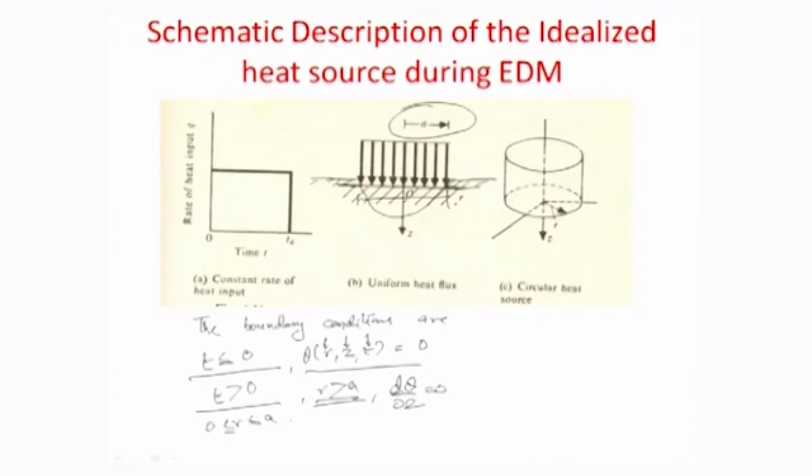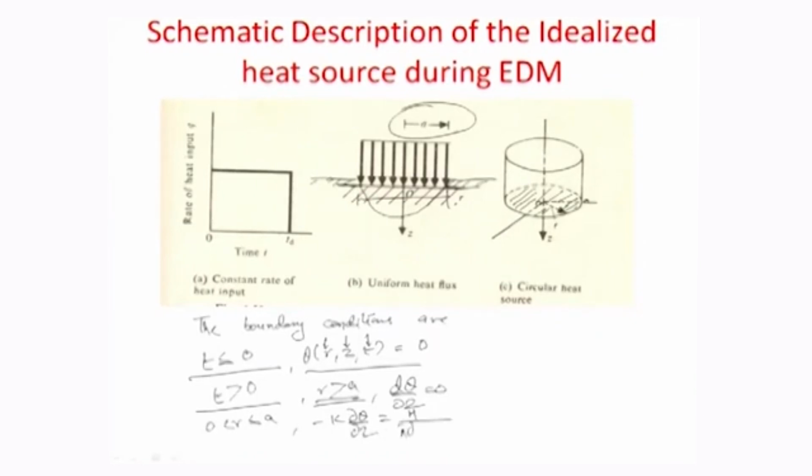So, typically it means the bulk of the circular area of the spark between 0 and A here. We assume that the heat transfer is basically governed by the equation K delta theta by delta Z is equal to the total amount of heat per unit area per unit time.